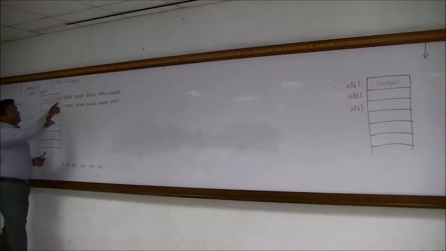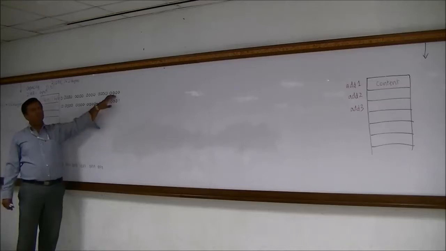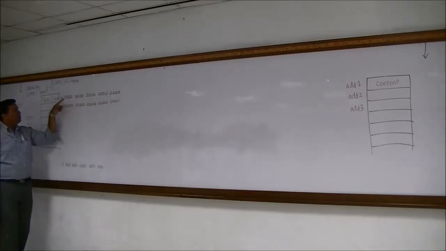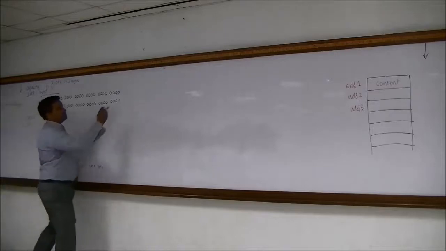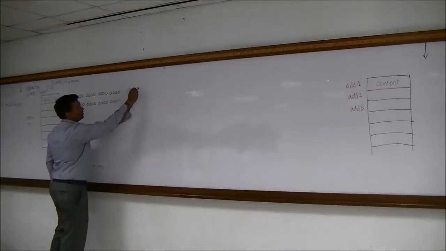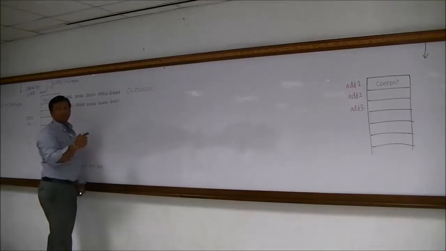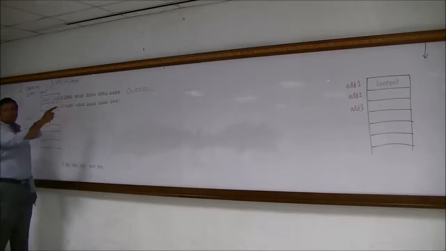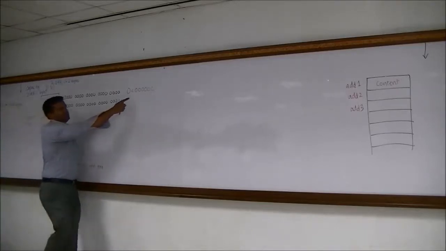Instead of writing it like this, how do we convert this to hex? Every 4 bits becomes 1 hex digit. So 4 becomes 1, 4 becomes 1, 4 becomes 1, 4 becomes 1, and the last one is maintained. So this whole address you can write as five zeros and the last digit, 0.